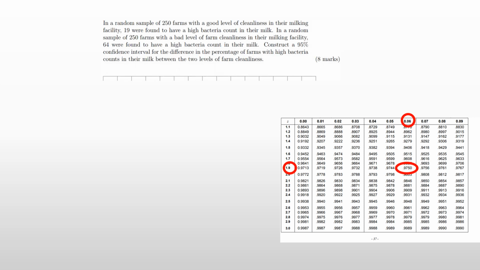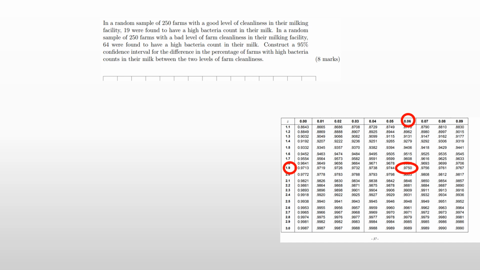And then again, you can have another problem here where you have a random sample of 250 farms with a good level of cleanliness in their milking facility, and 19 were found to have high bacteria count in their milk, right?